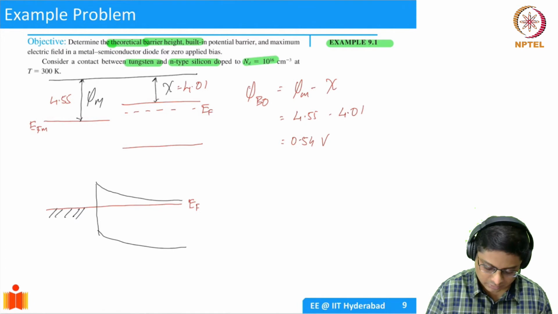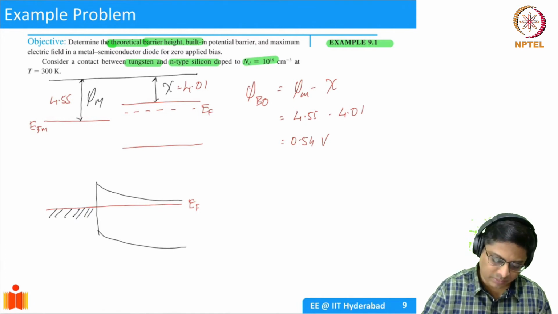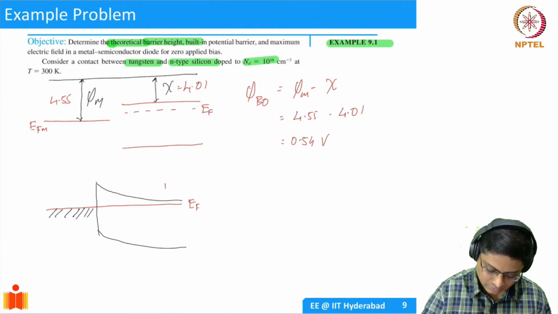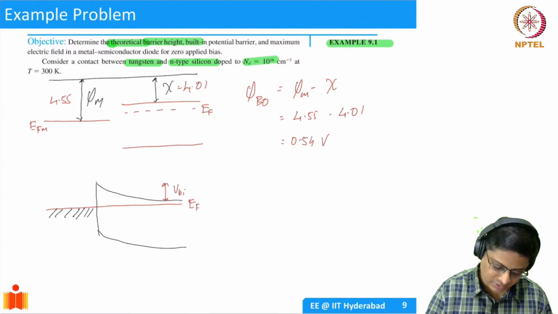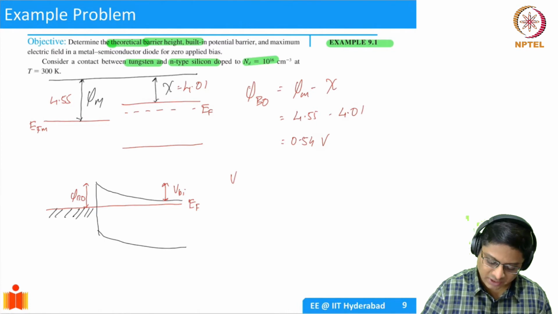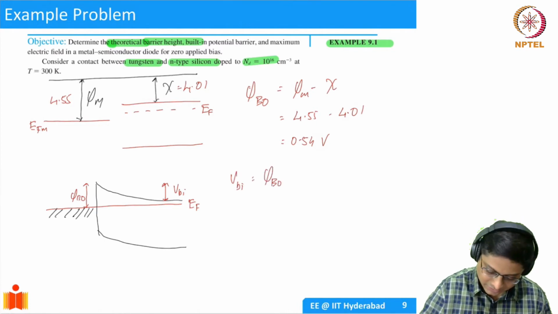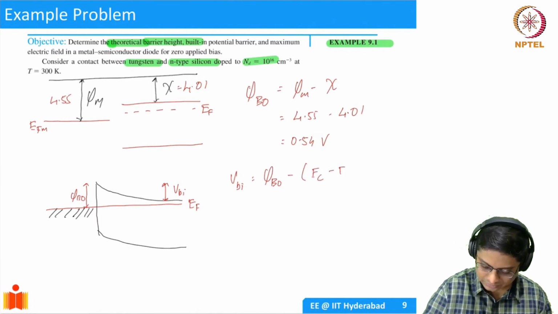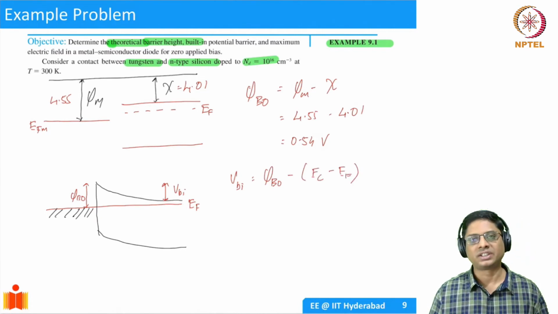There's going to be a barrier. So this is your built-in potential VBI, and we saw that this was phi b naught. Right? So the built-in potential VBI is simply phi b naught minus the distance between EC and EF. We need to find out that distance.